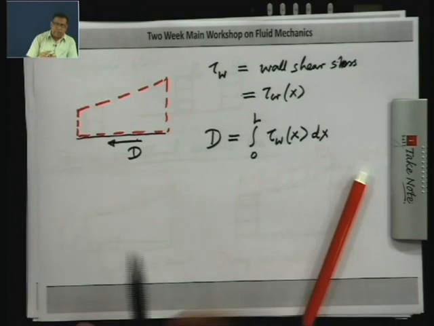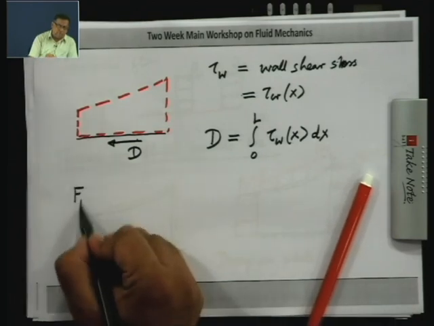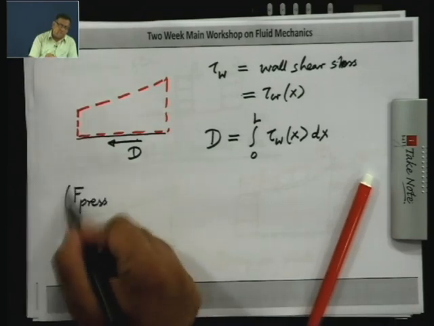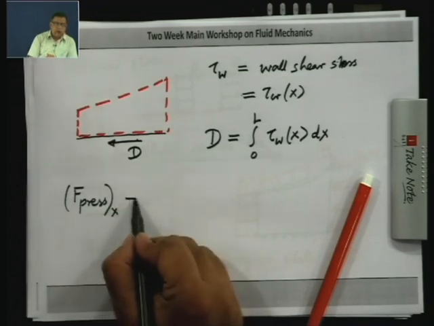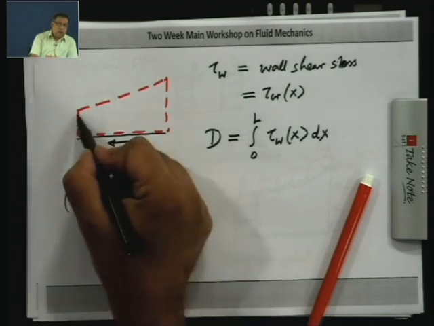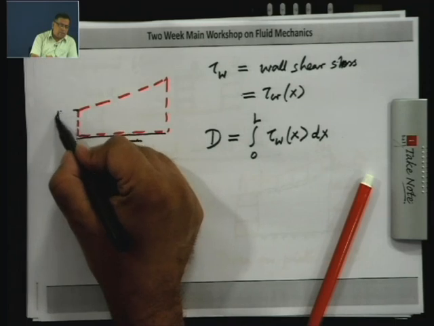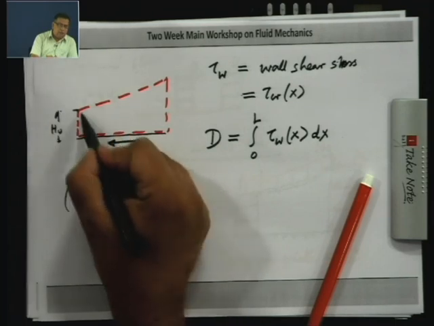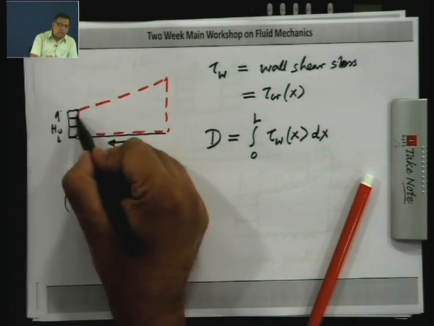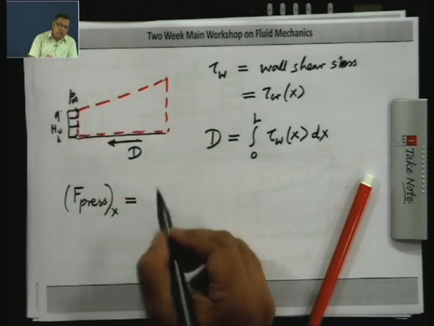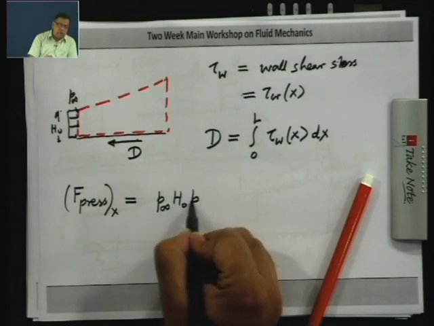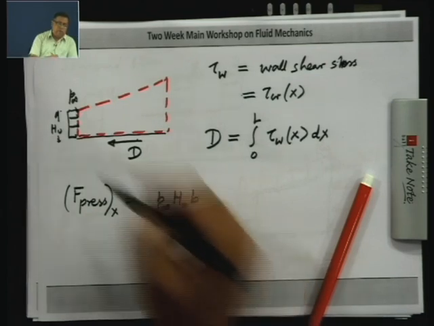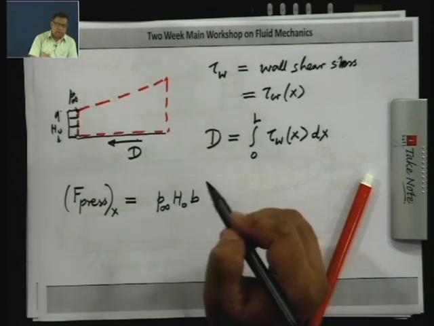Let us look at the net pressure force first. Now, if I say this length is h naught and the pressure here is a uniform pressure value P infinity, then this will be P infinity into h naught into B, where h naught into B is the area of the face 1.